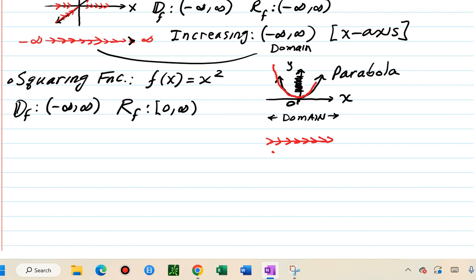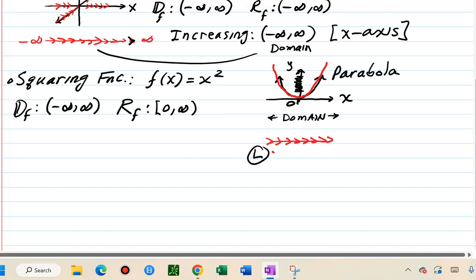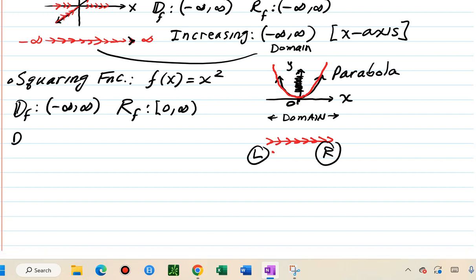And then it picks up beyond 0, it's always increasing. So we're going to mark that. As we go from left to right, the function is decreasing from negative infinity on the x-axis up to 0.